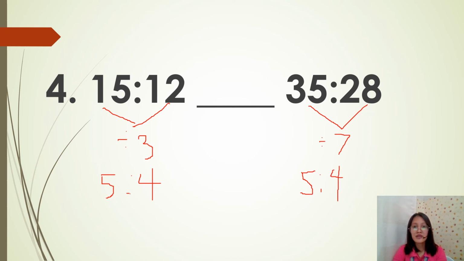Then, compare yung lowest terms nila. 5 is to 4, then 5 is to 4. They are the same, parehas. Therefore, they are equal. So, again, para malaman if the two ratios are equivalent or equal, make sure that the lowest term nila ay parehas or equal.